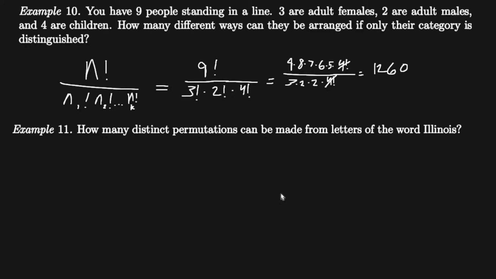This example is saying how many distinct permutations can be made from the letters of the word Illinois. So here we can see that we have the word Illinois right here.